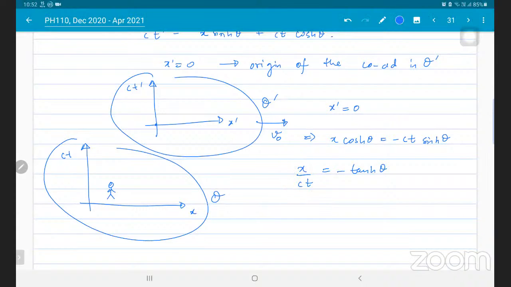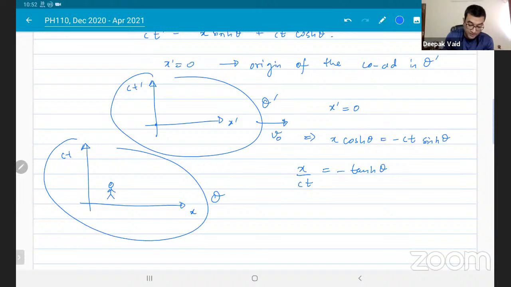And what is x by ct? So x is the location of this origin in O's frame of reference, and t is the time associated with this point in O's frame of reference. So this is the velocity of the origin of O prime divided by c.